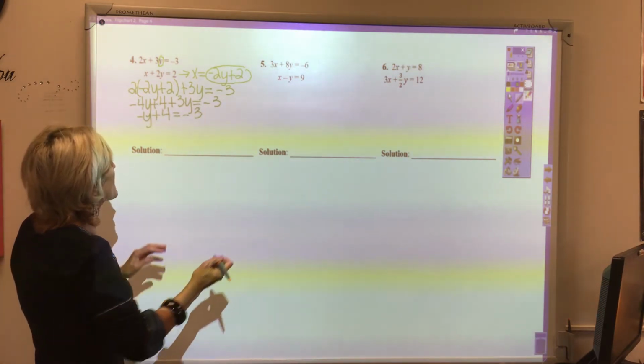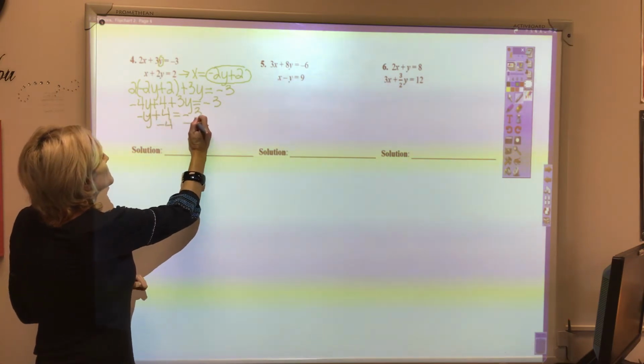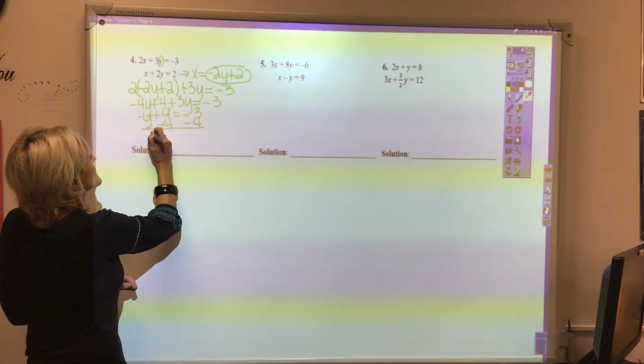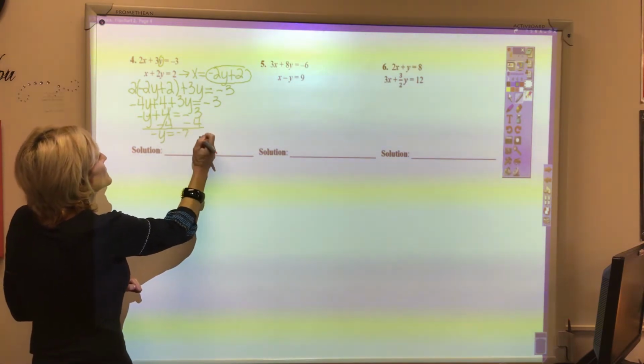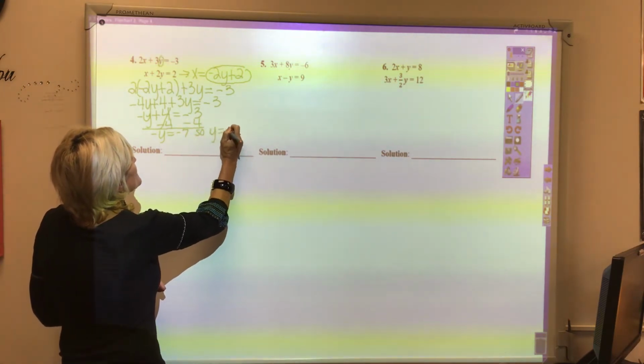I'm going to subtract 4 from both sides. That will leave me with negative y equals negative 7. So y equals 7.